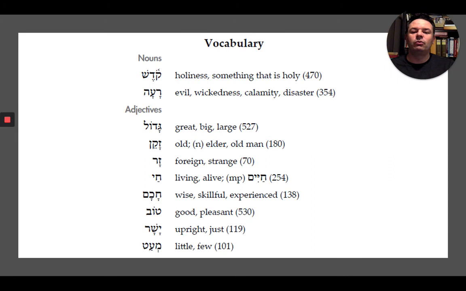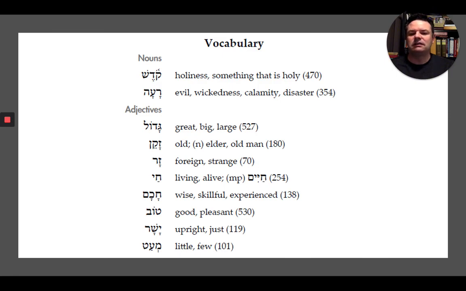Hakam is the word for wise or skillful. It can also mean experienced. Tov, good or pleasant, mostly good. Yashar, meaning upright, has this idea or connotation of just. If someone is upright, they're just, they're not crooked. Ma'at, little or few.